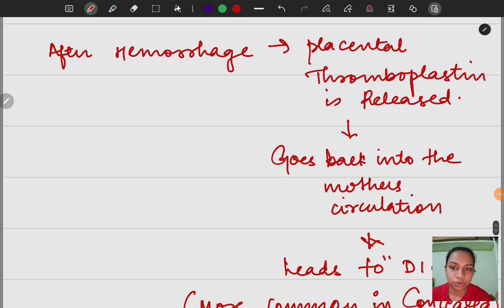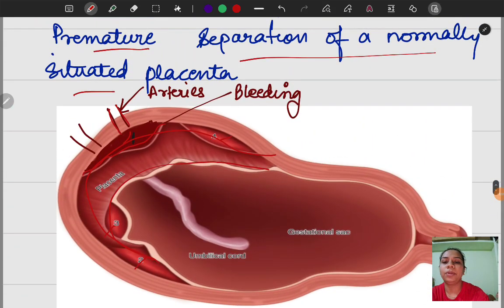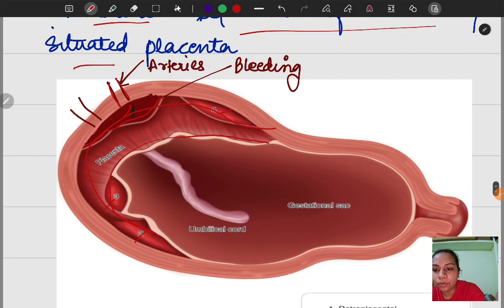After hemorrhage, what happens in the concealed type is, after hemorrhage, the placental thromboplastin is released. Okay, placental thromboplastin will be released and it goes back into the mother's circulation. So for example, here bleeding is happening. Bleeding happened, so here placental thromboplastin is there.